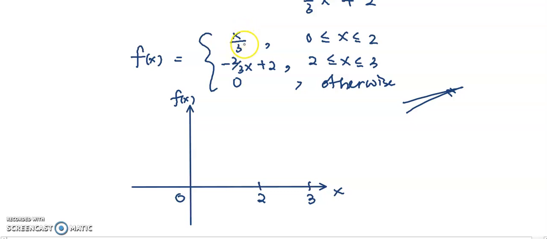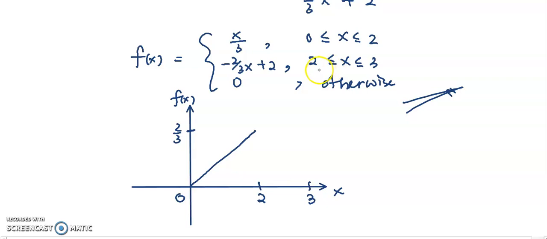This is a linear function, a line going up because the gradient is positive 1 over 3. So we can draw a straight line passing through the origin, just like this. And then you have to know the value here. When x equals 2, y equals 2 over 3. You can just substitute 2 into the first function, that is 2 over 3.